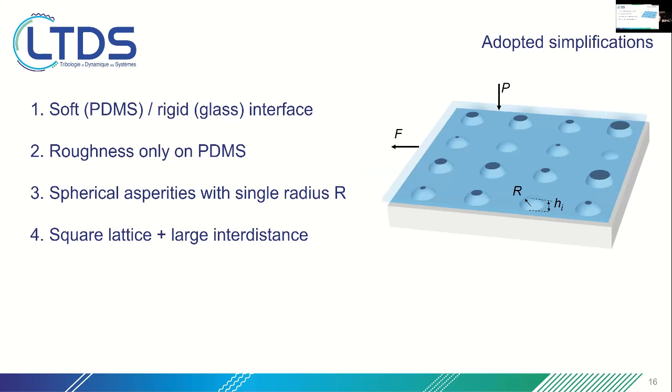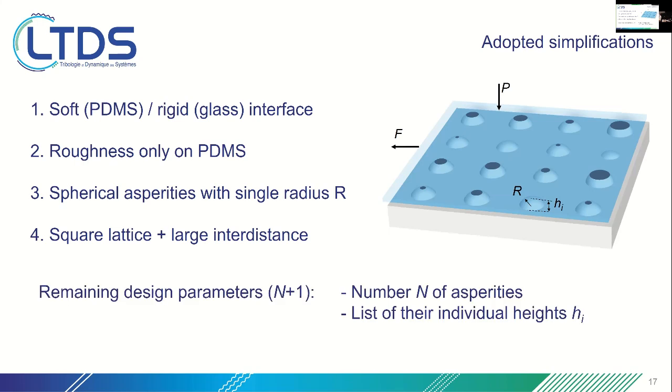There is a single length scale in the topography of this soft solid, because it's an array of spherical asperities, all with the same radius of curvature. Last, they are organized according to a square lattice with an interdistance which is large enough so that we can neglect elastic interactions between individual asperities.